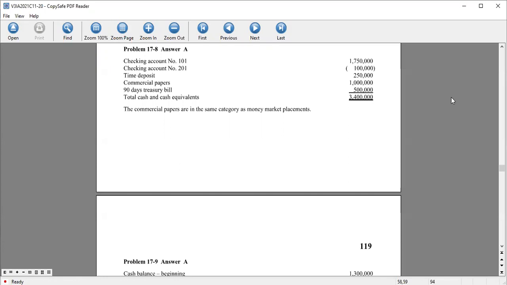So in 17-8, we have now checking account 101. This is cash. And then we deduct checking account 201. It's negative, meaning it's a bank overdraft, which is supposed to be shown as a current liability normally.